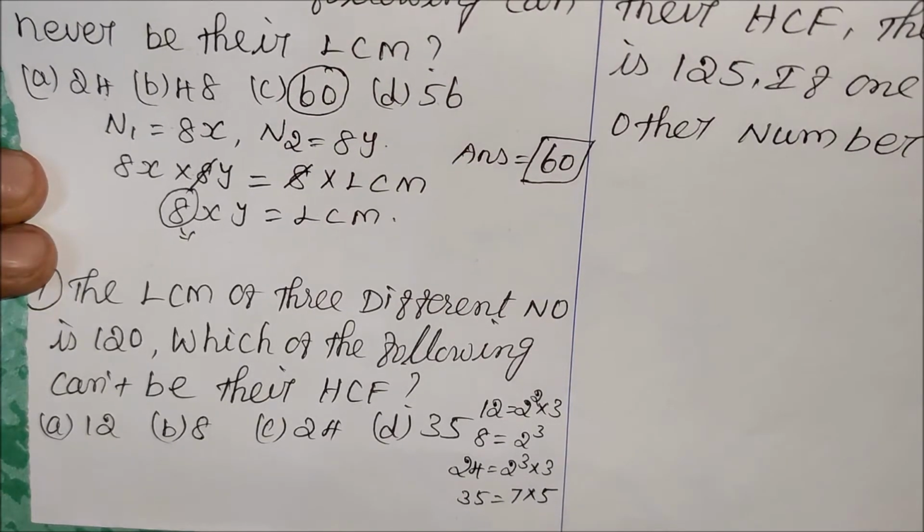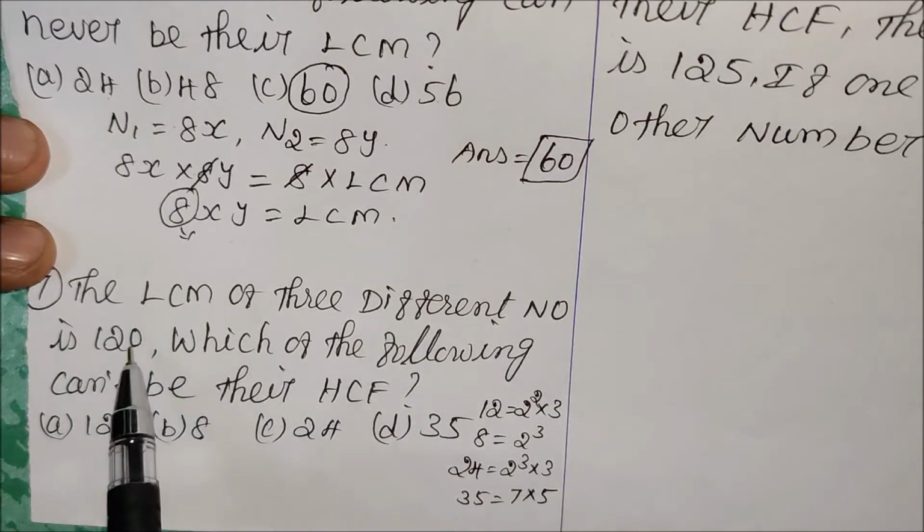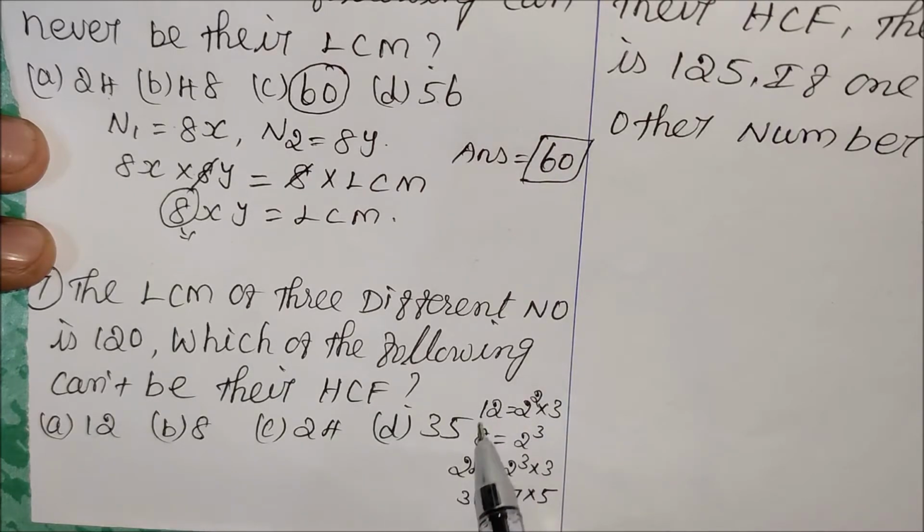Now they have mentioned the LCM of three numbers is 120. If I take the three numbers 12, 8 and 24, I need to calculate what the LCM of those numbers is.